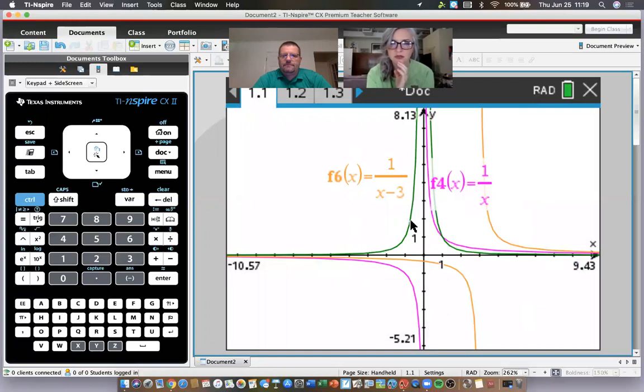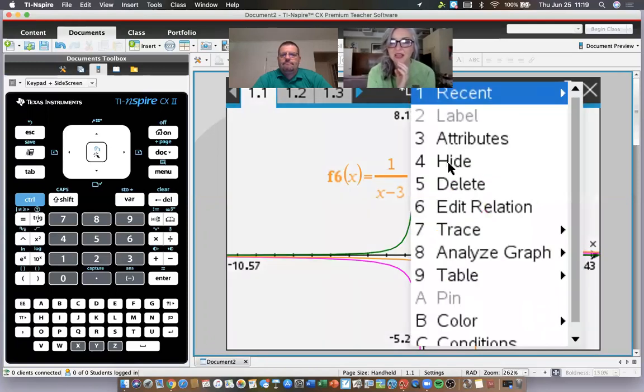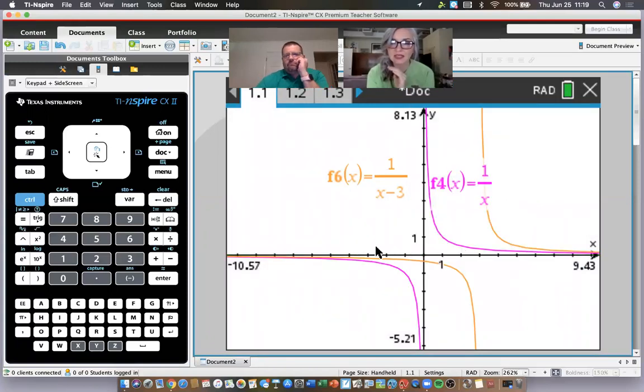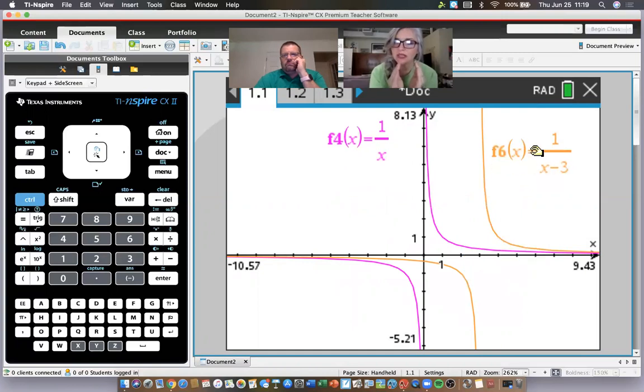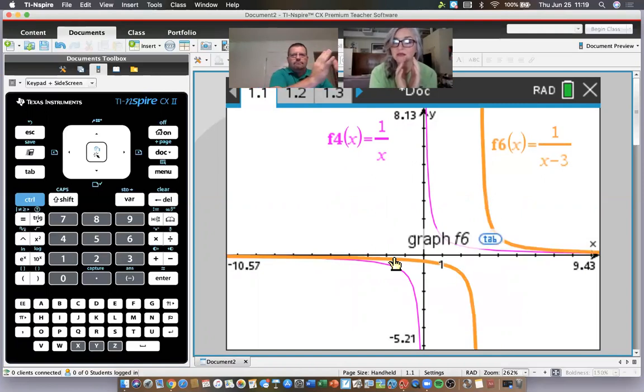And the graph. So we took 1 over x and we subtracted 3 inside that fraction. So what we're really doing here is just a transformation on x. Minus 3 is going to shift it right 3 because it's opposite because it's inside.